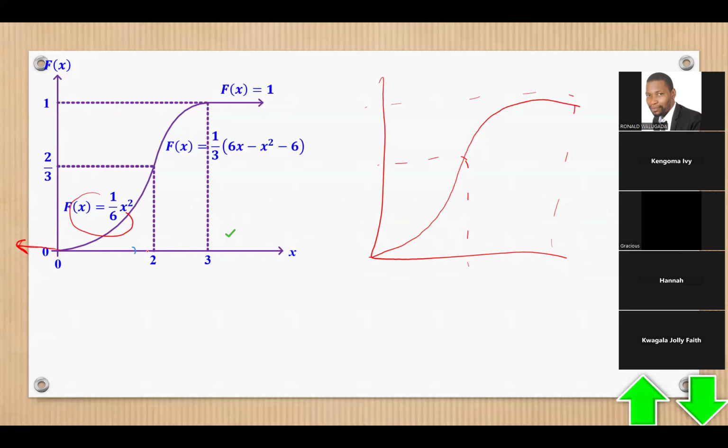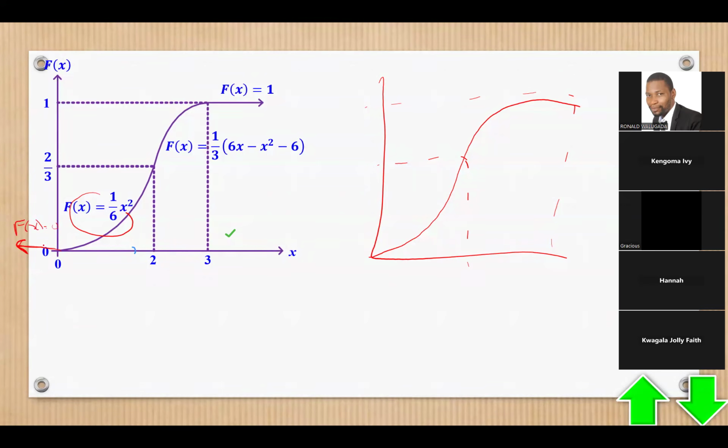Any inquiry on the sketch? Excuse me, teacher. The red arrow that you drew going this side, is that where I write f(x) is equal to 0? Yeah, you're going to put f(x) equal to 0, because every curve you draw must be labeled.